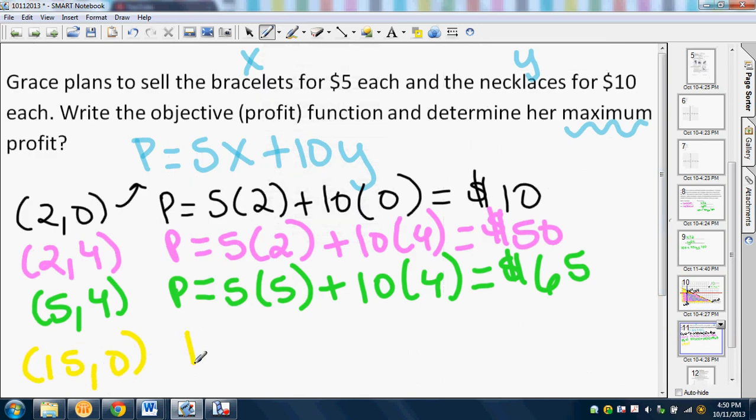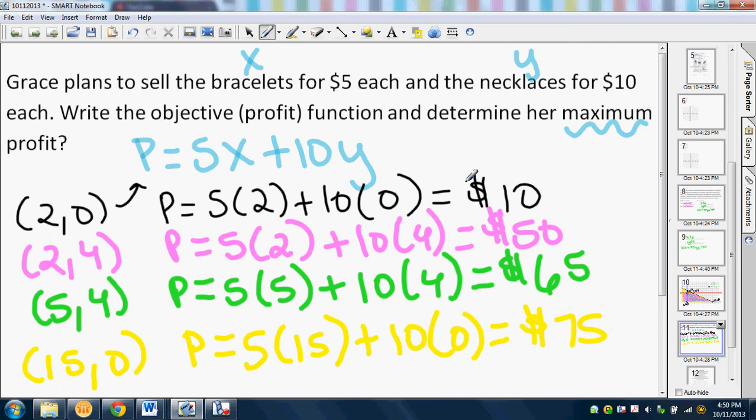So that's 15, 0. That's $5 times 15 bracelets plus $10 times 0 necklaces, and that's equal to $75. Our question is to determine her maximum profit. The option down here of $75 gives her the most profit. So if she makes 15 bracelets and no necklaces, she's going to make the biggest profit.